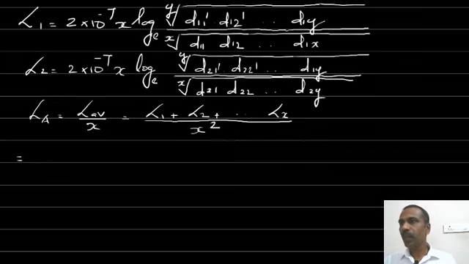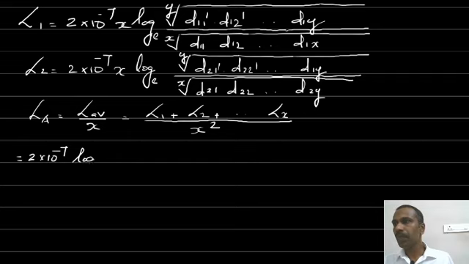So LA equals 2 into 10 raised to minus 7 into log.